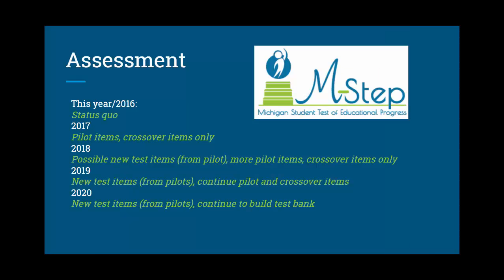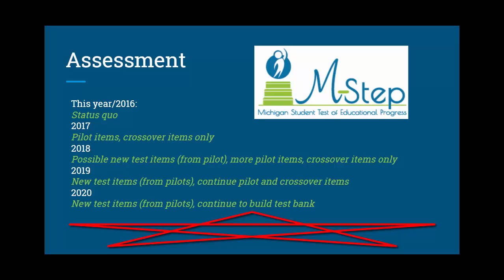All right, let's take a look at the assessment timeline here from the state of Michigan. This year in spring of 2016, the M-STEP will stay exactly the same. In 2017, we will have some pilot and crossover items only. So the pilot items will be those technology enhanced items with the stimulus and questions that follow.